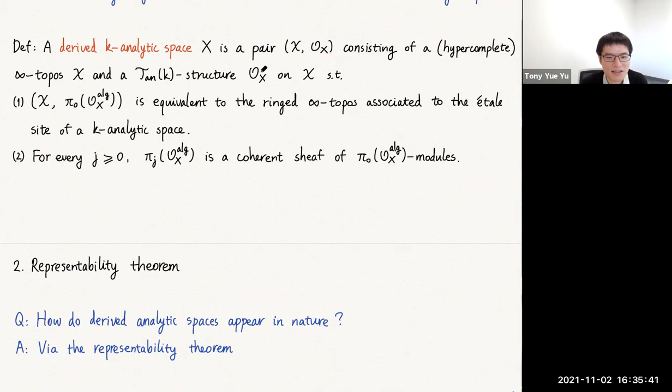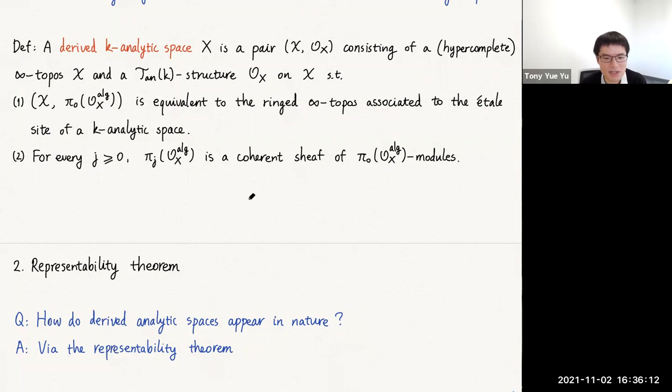But how do derived analytic spaces actually appear in nature? How do we construct them? We have the theory, but it's only useful if we can apply it, if these spaces actually are relevant in practice.